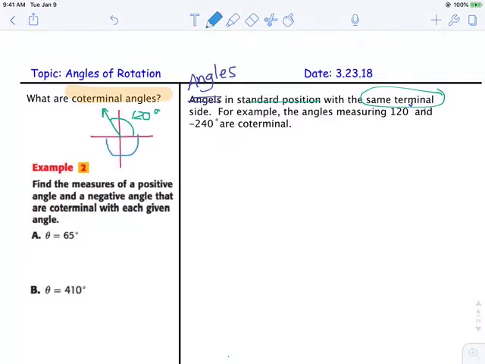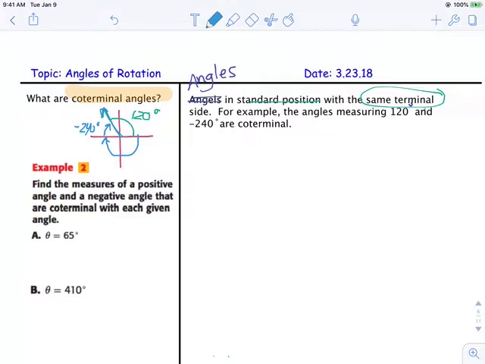This is negative 180. And well, let's see, if I add another 60 onto that, that would put me right here. So negative 240, the terminating side or the terminal side, is also that line. Does that make sense?